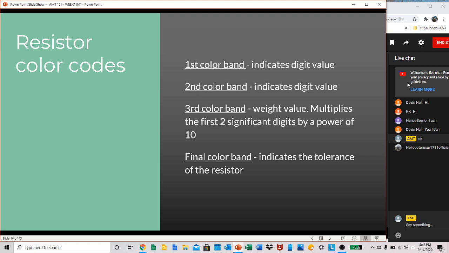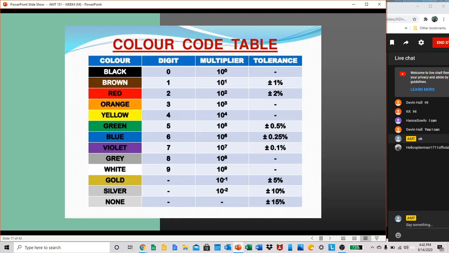So here's your color code table. Okay, so you have all of your bands on your resistor, and if you have a black band first, the column you're going to use is the digit column, because your first and second bands are always going to stand for your whole number digits.